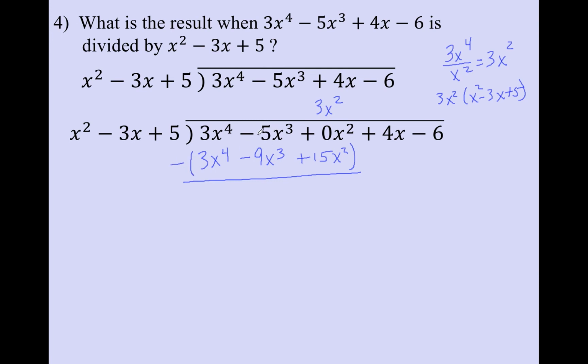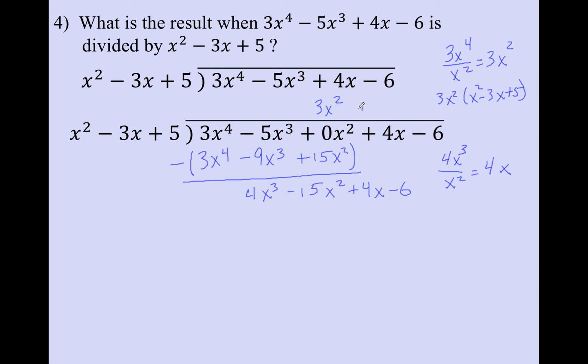Now be careful here. So it's negative 5 minus negative 9, which becomes 4x cubed. 0 minus 15, which is negative 15x squared. Bring this down. Plus 4x minus 6. Start the process over. 4x cubed divided by x squared. That's equal to 4x.